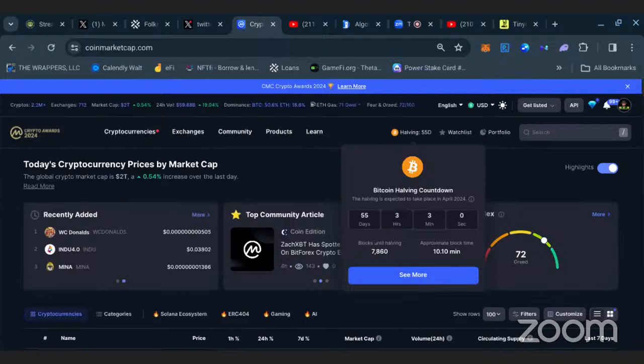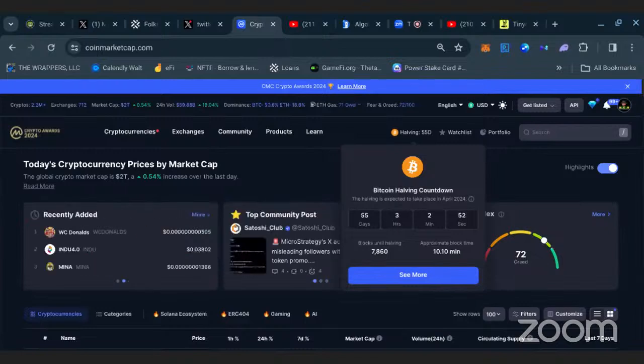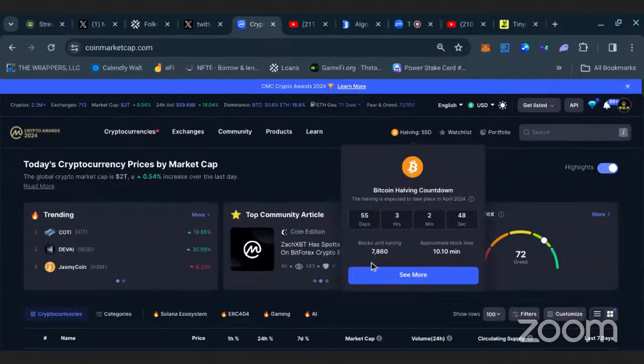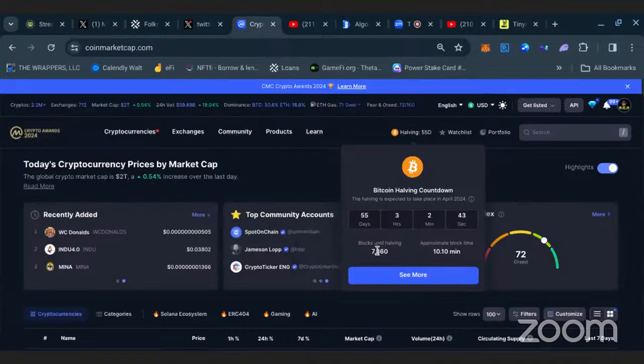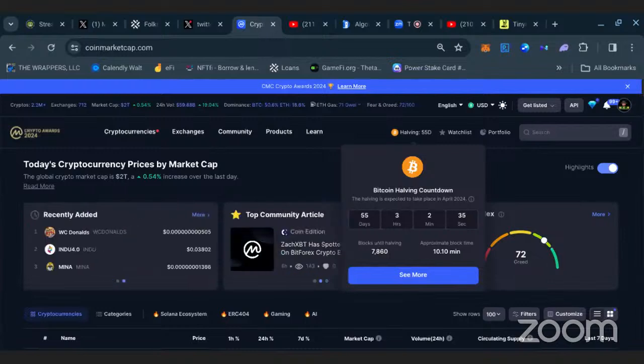There's a specific transaction that needs to occur in order for the halving to take place. So I think it's 210,000 blocks or something like that. So once a certain amount of blocks have been transacted, then the software, the smart contract, the protocol, the program is going to do the process. And then the process is going to have an effect on supply and demand, making the value go up.